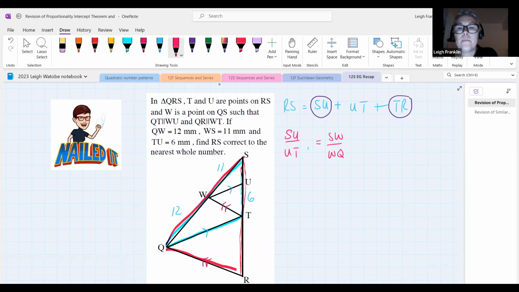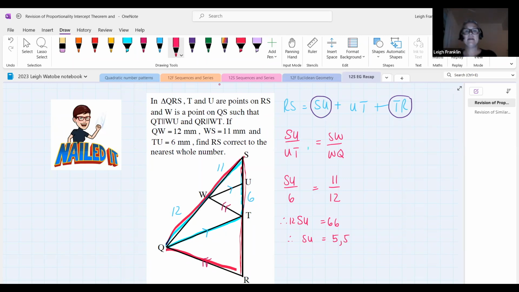SU is the one that we're finding, over 6 is equal to 11 over 12. Then we're going to cross multiply, which gives 12 SU equals 66. And then 66 divided by 12 is 5,5.